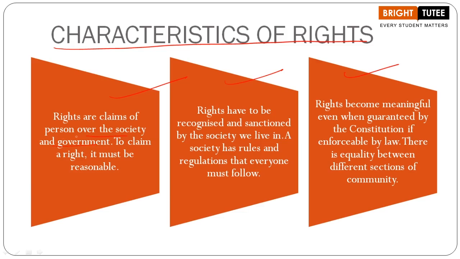Now we have to understand that these are the claims of a person over other fellow beings, over any other person living in the society. It can be over the society as a whole, over any community, or over the government. Now definitely we have to understand this point in detail here. So we'll have a look at these examples.